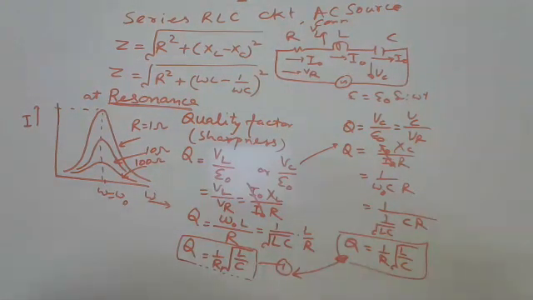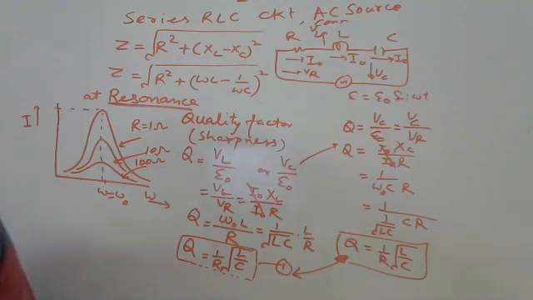Got this point? So a series RLC circuit is also called a selective circuit. At resonance, current is maximum; in parallel, current becomes 0.